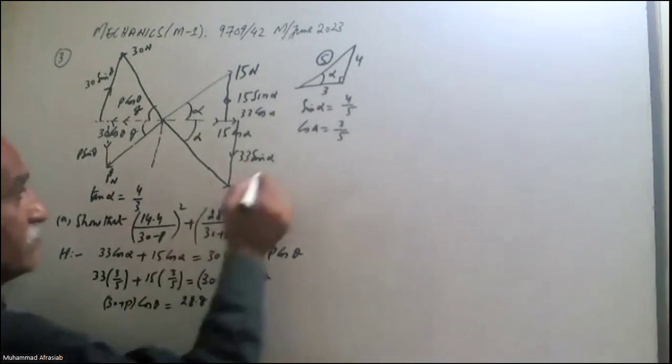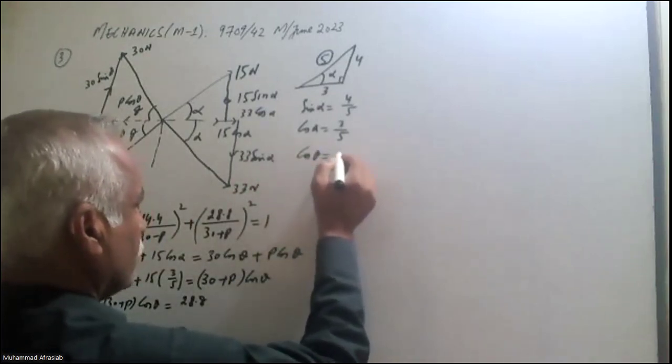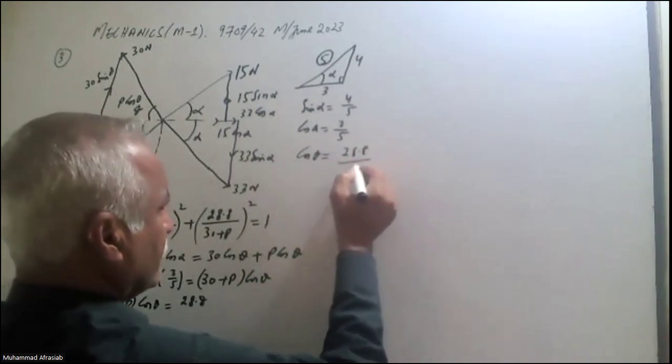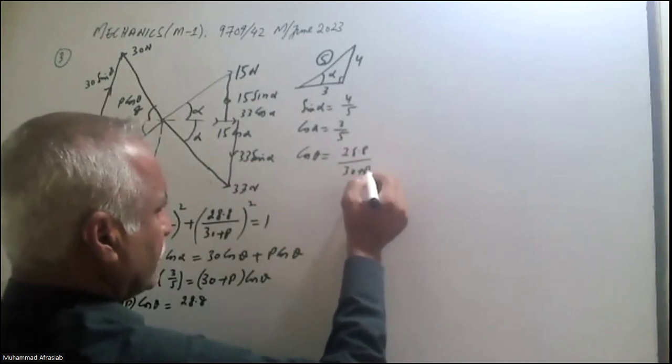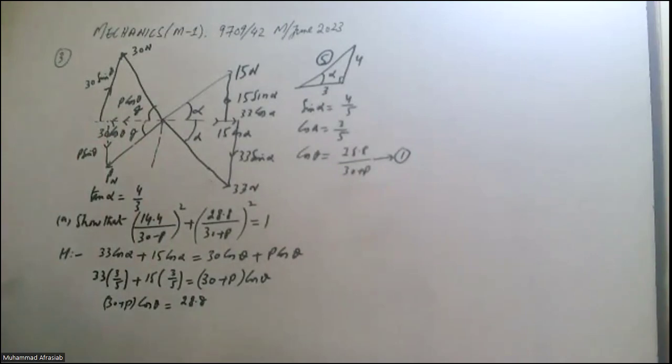So from this, we know that cos of theta is equal to 28.8 over 30 plus P. Let's say it is equation number 1.